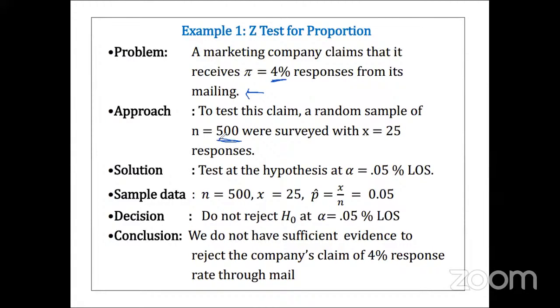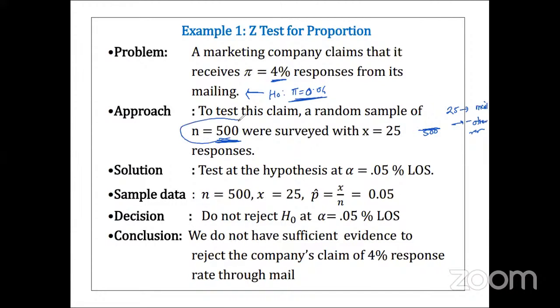I have chosen 500 surveys, and I observed that out of 500 survey responses, 25 were received from mail and the remaining were received from other sources. So your hypothesis at this time point is pi equal to 0.04. This was your hypothesis, and you wanted to test it.